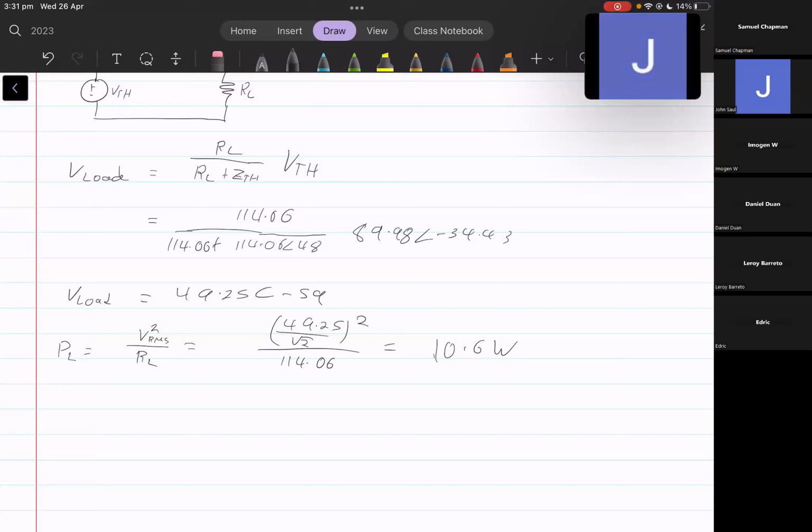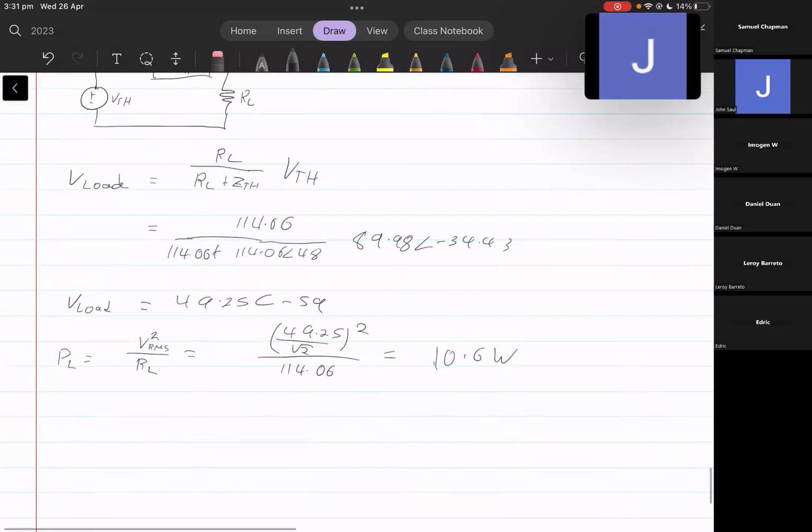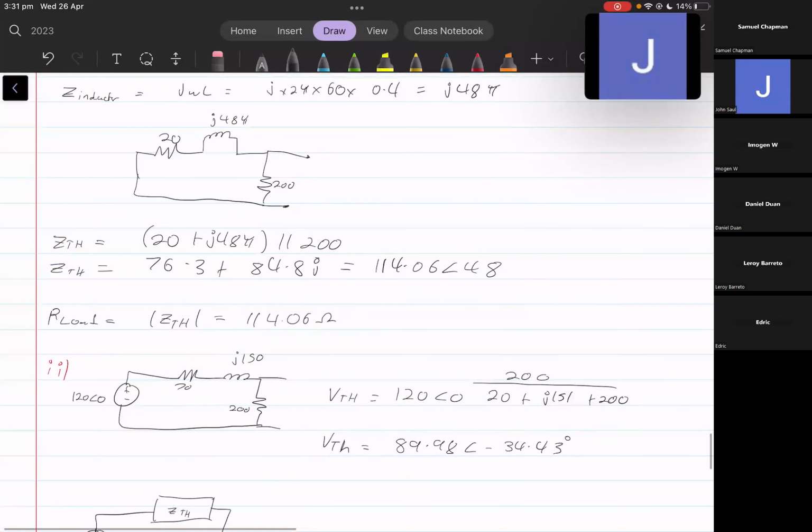Does that make sense to everyone? V-Thevenin? Yeah. So to find V-Thevenin, we just looked at the circuit with the load being an open circuit, and the voltage there is going to be V-Thevenin.